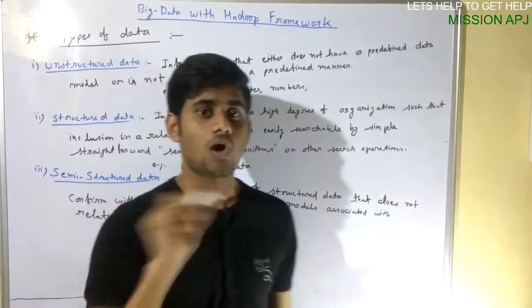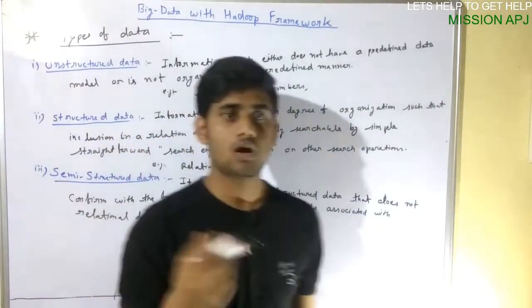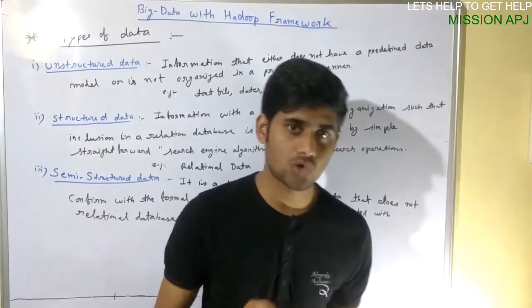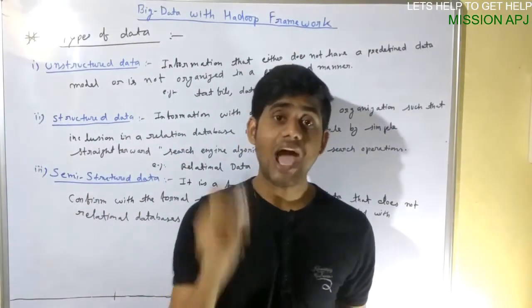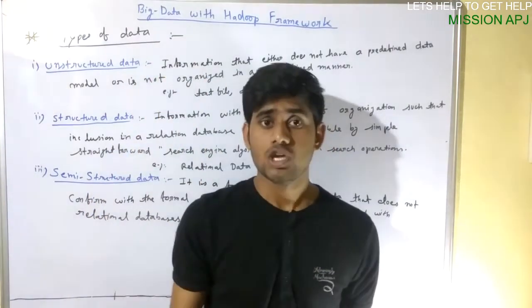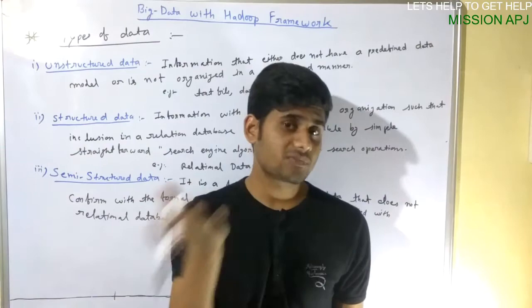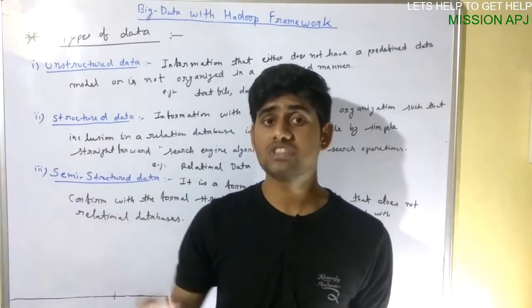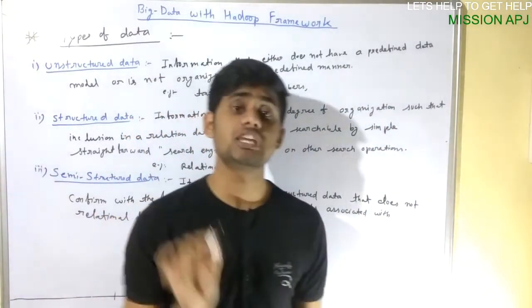But if the text or any simple word, like the name of a student, suppose Sunil is the name of a student that has been stored there. Now Sunil is nothing but a text, but that text has been categorized as the name of the student. So it has a tag saying that it is a name. So from that text, Sunil, we have some information that Sunil is a text which is nothing but a name.